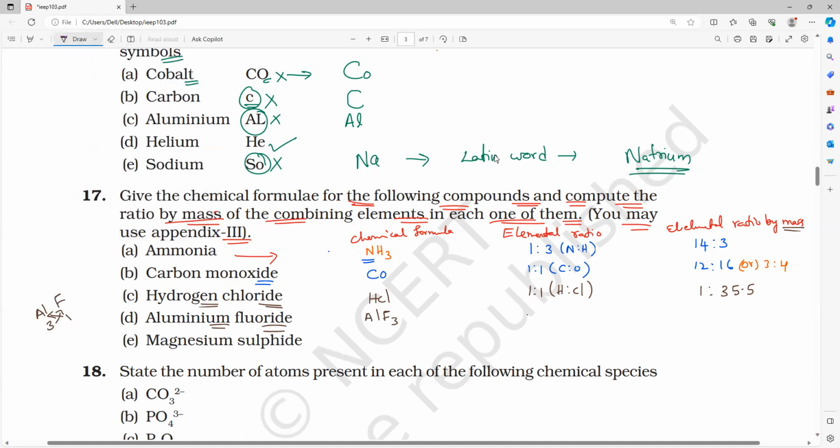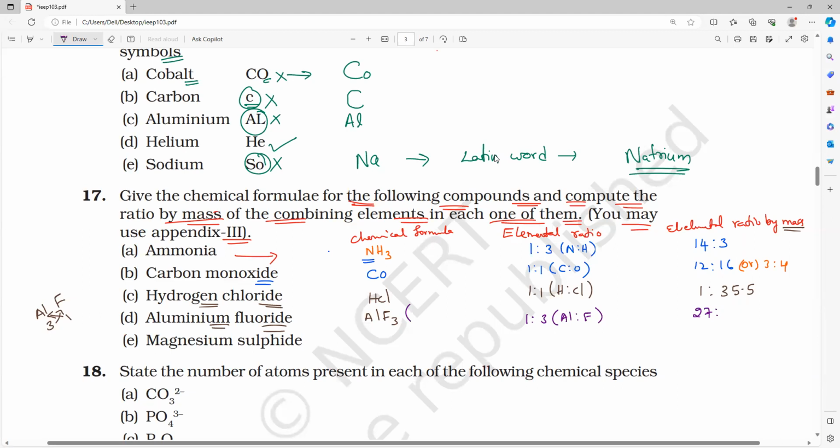So AlF3. So what is that? Everybody, 1 is to 3. So aluminium is to fluorine. So aluminium atomic mass, anybody? 27. Okay. Fluorine now, 3 are there. So 3 into, anybody tell me what is the fluorine atomic mass? 19.